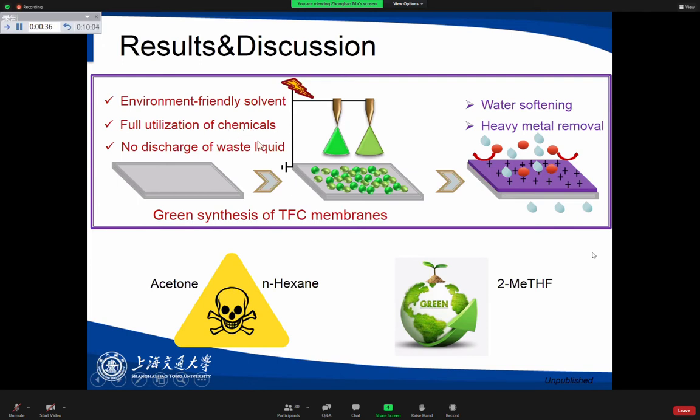Using the green solvent can reduce harm to the human body and the environment. And the ELP is similar to additive manufacturing. And the utilization rate of harmful chemicals such as TMC in the membrane process is close to 100%. So there is no harmful liquid discharged.